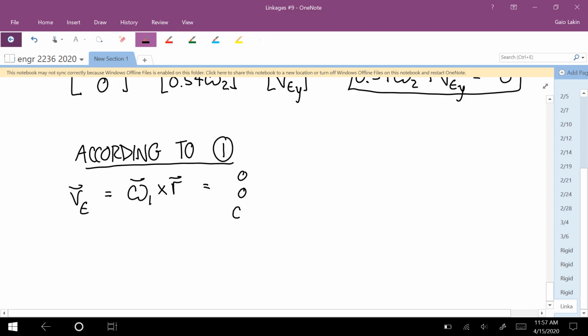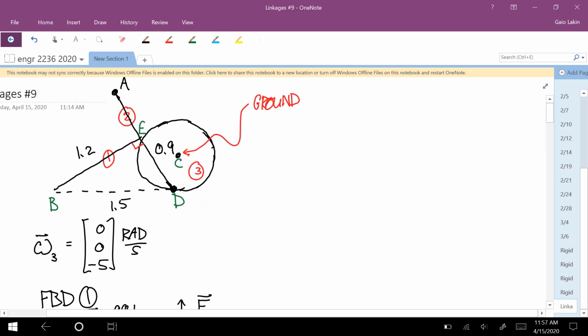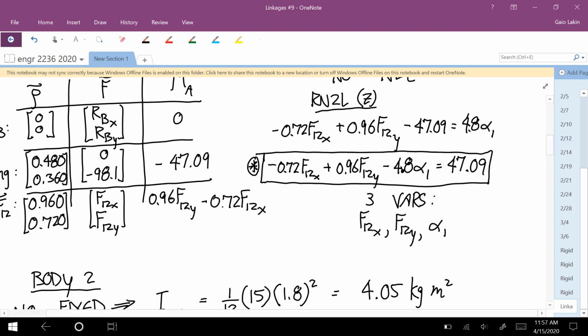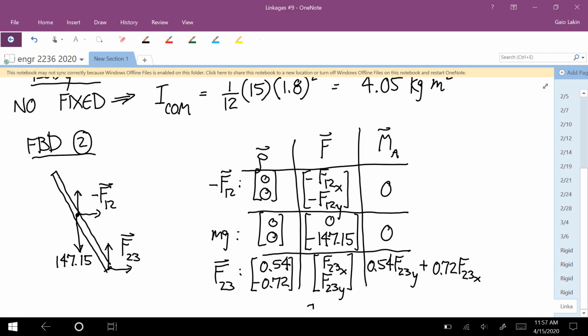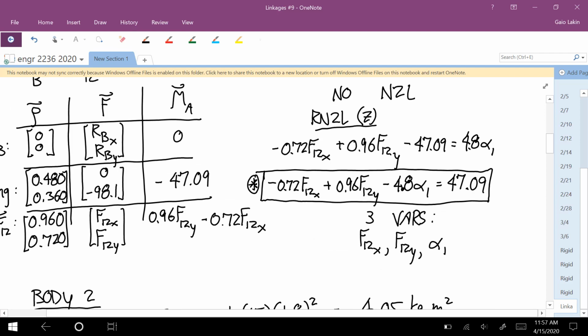So 0, 0, omega 1 crossed with, and we also have that r vector up above. That is 0.96, 0.72.